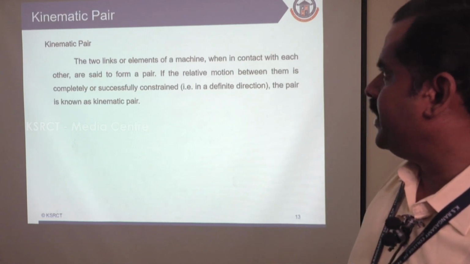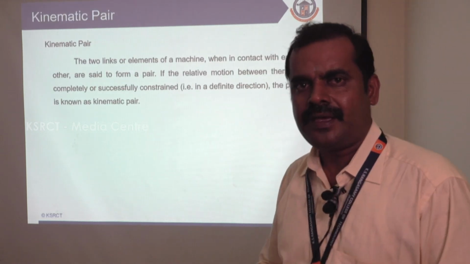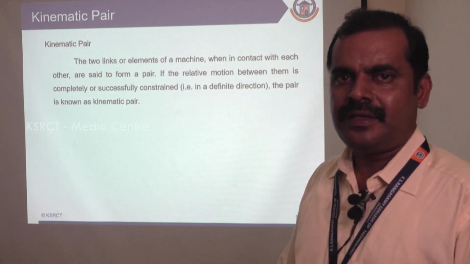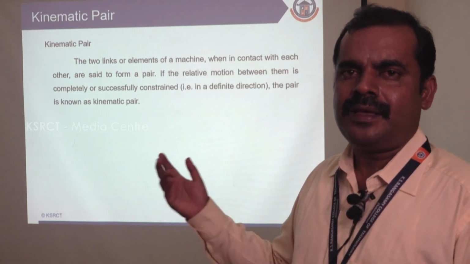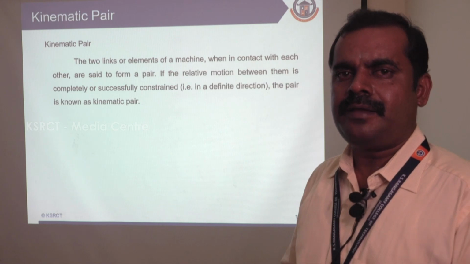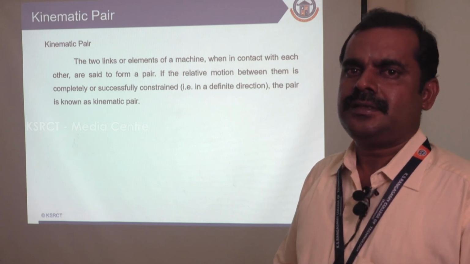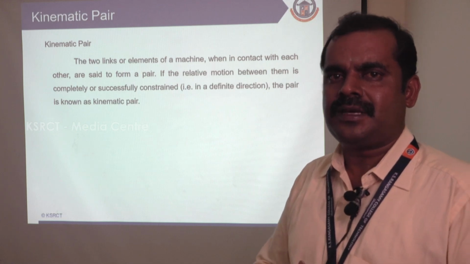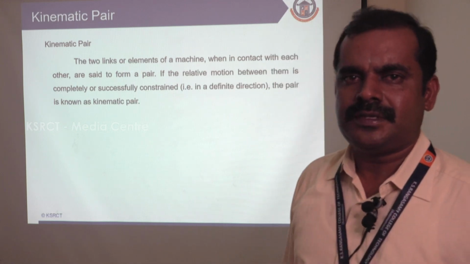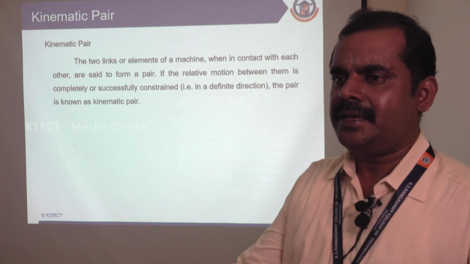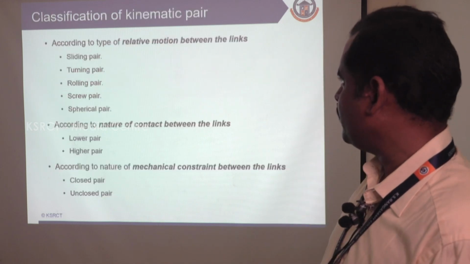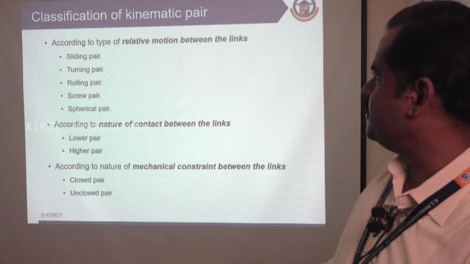So next one, kinematic pair. If we have a link, only then can we convert that link into a kinematic pair. A kinematic pair means we have relative motion between the two links. There are different types of kinematic pairs available as far as kinematics of machinery is concerned. That depends on the relative motion between the links.